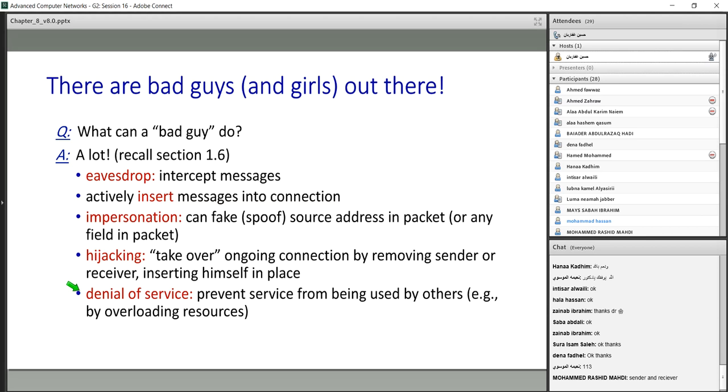Okay? How? Simply, they just overload the server. And after overloading the resources of the server, I cannot receive the service. It's very simple.